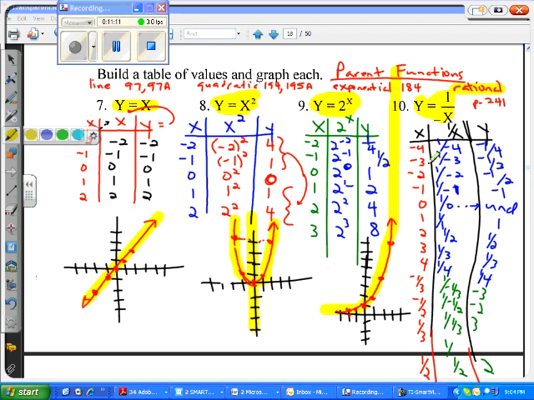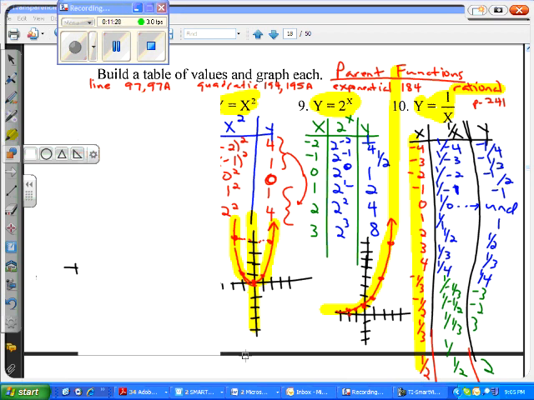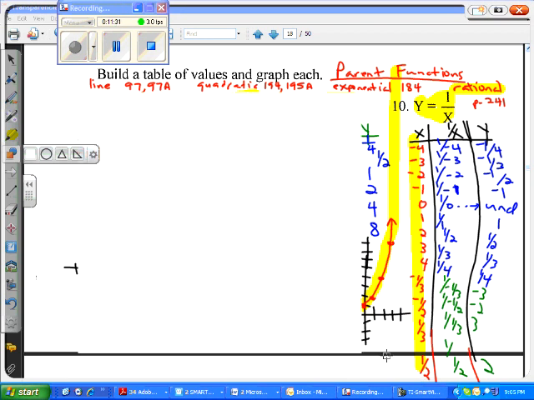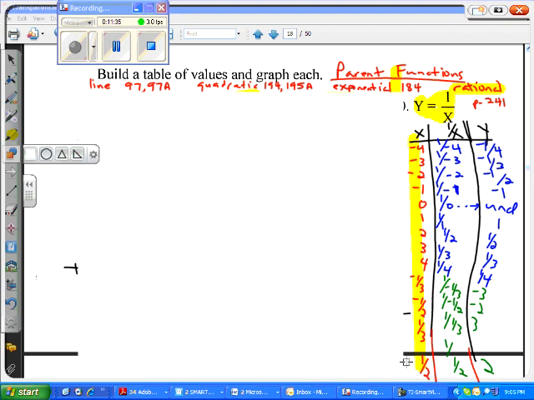To get a data table, because it goes all over the place, we need some negatives. We need 0. We need some positives. We need some negative and positive fractions also. And we'll just get points that go all over the place. And so now that we've summarized these, I'm going to move them out of the way so that we can focus on plotting those points and getting a nice, pretty rational graph.